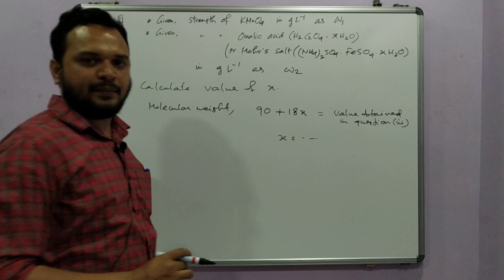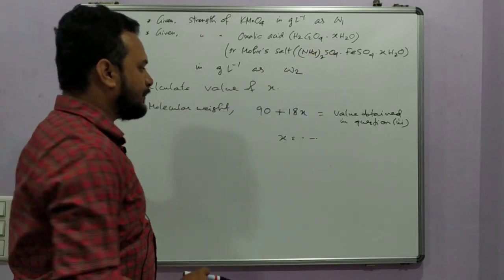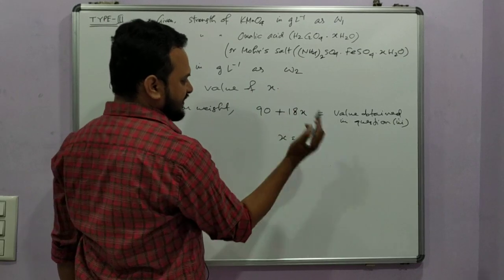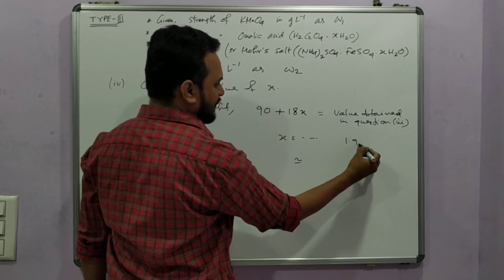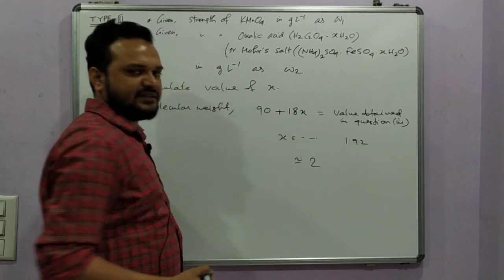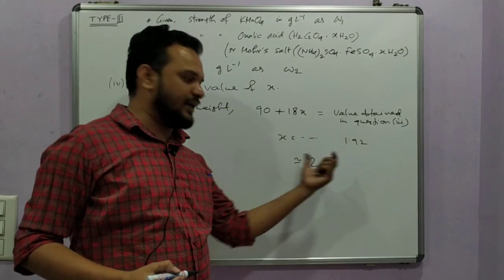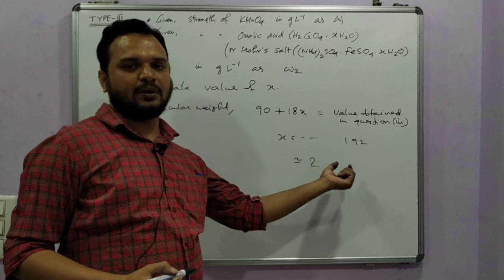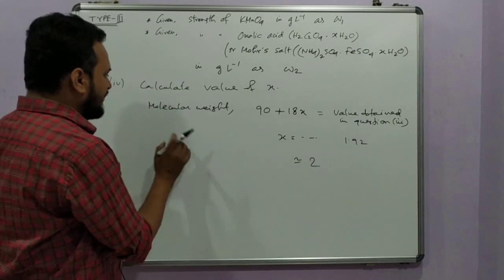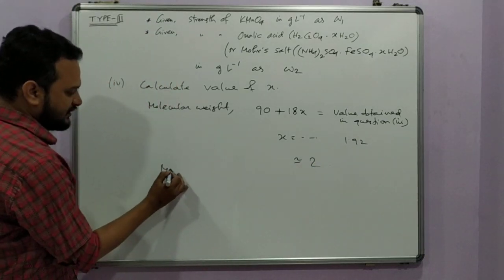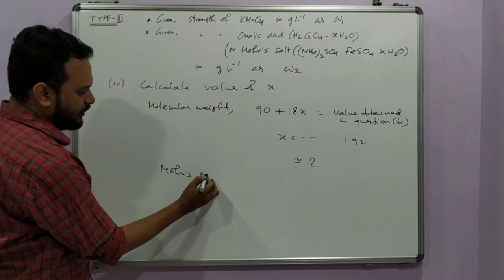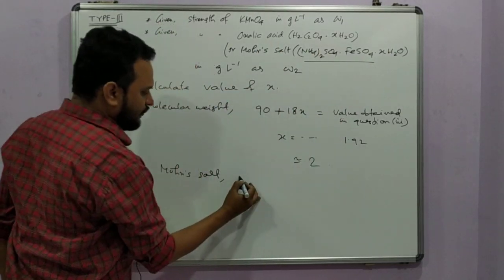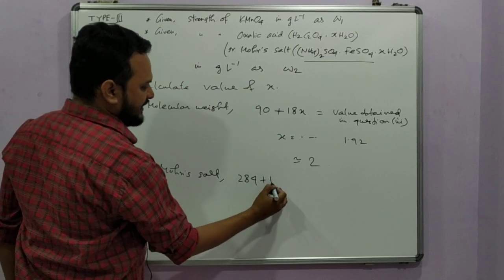Now this X will come as a decimal, but actually X is a whole number, so you will take the nearest whole number. Suppose for oxalic acid it is coming as 1.92, so you will write it as 2. First you will write 1.92, then since it is a whole number, you will write the nearest whole number 2, that is the answer. Similarly, if it is Mohr's salt, then this part will give you 284 and then 18X.